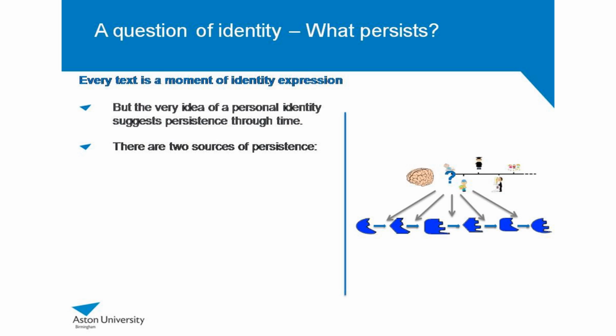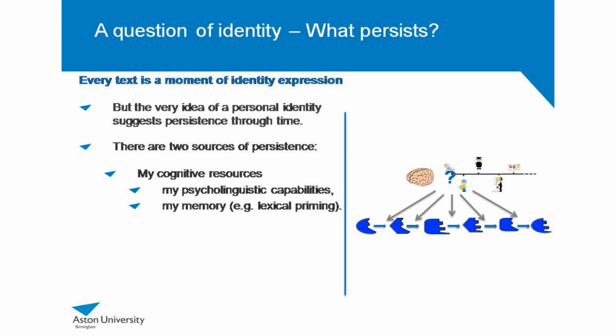I think there are two main sources of persistence in terms of identity resources. There are the cognitive resources, and there are strong links between theories of idiolect, that's your individual language variety, and cognitive psycholinguistics and the brain as well.